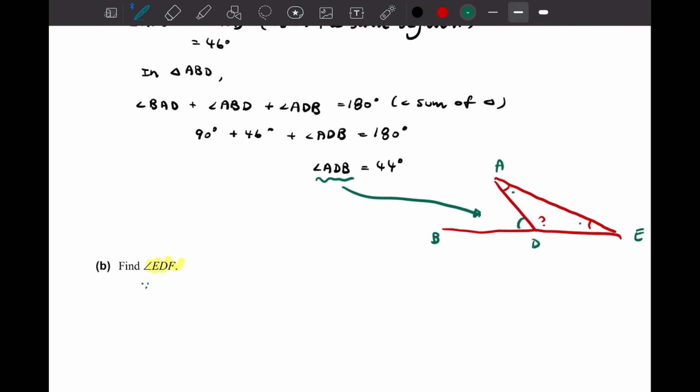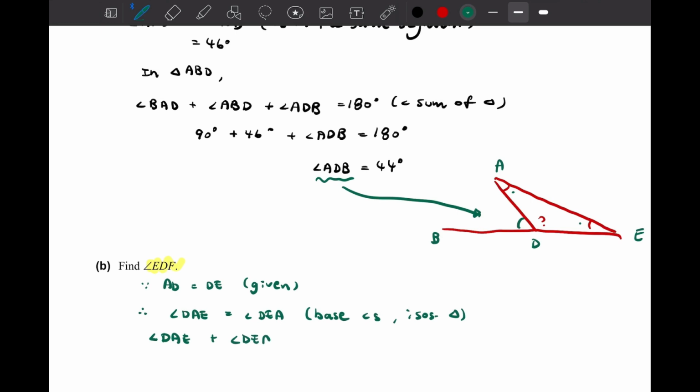So let's write down first. First of all, start with the information you got, the given length, and because of that, you know this is your isosceles triangle, and therefore the base angles will be the same. And once you got that, using your exterior, you can show me that DAE and DEA is equal to angle ADB.